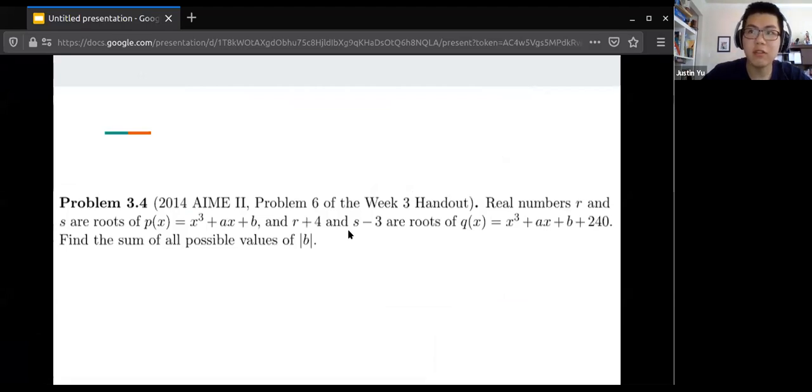This is a mouthful, so spend a minute, look at it. For the people who said that they don't remember Vieta's, this will be a great place to review that.